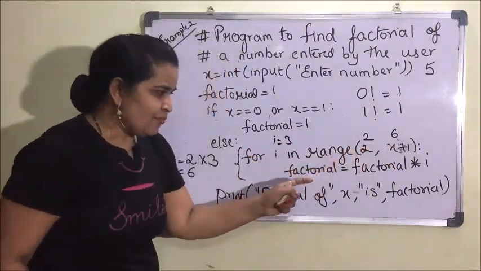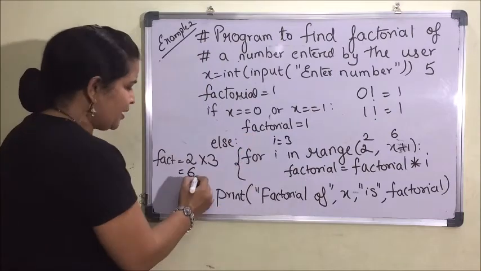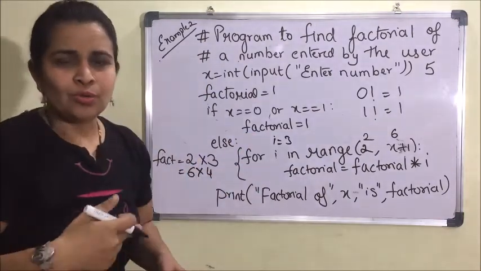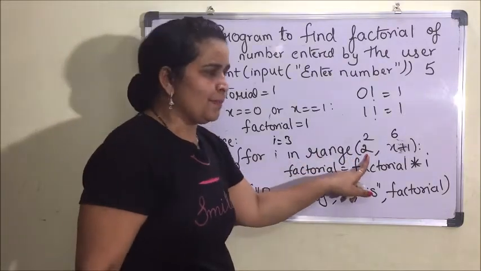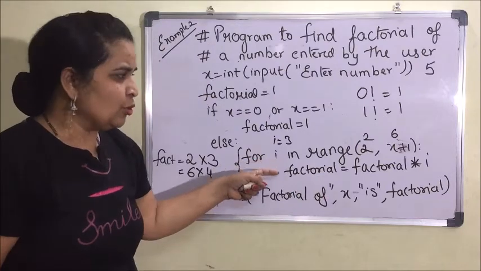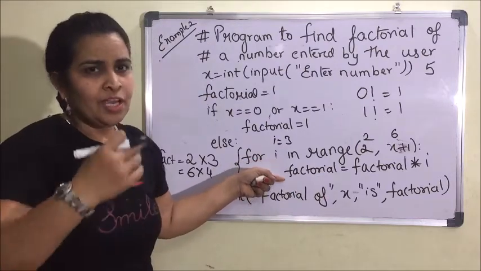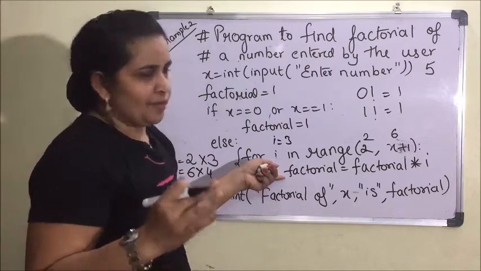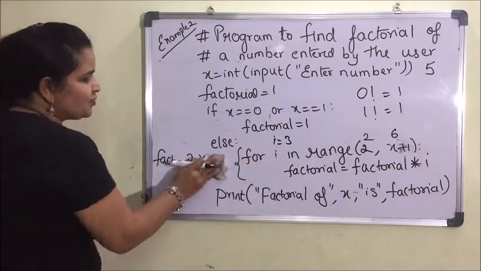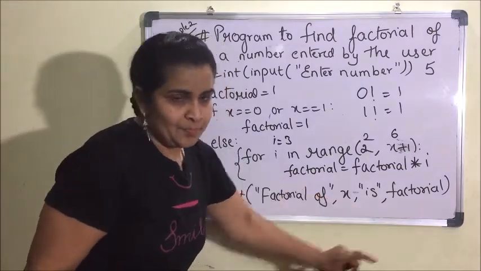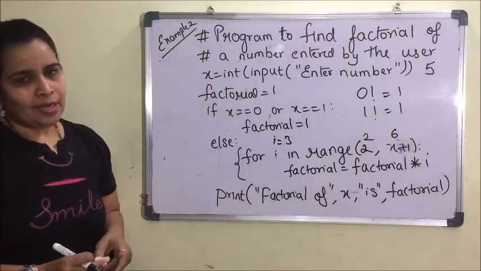So again factorial is equal to factorial into i, into 4, into 5, and so on till the loop is complete. After execution of this loop, the factorial of the number will be 2 into 3 into 4 into 5. At the end it will print the factorial of the number. In this way factorial will be calculated.